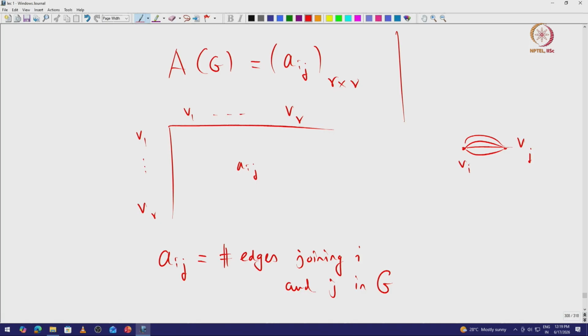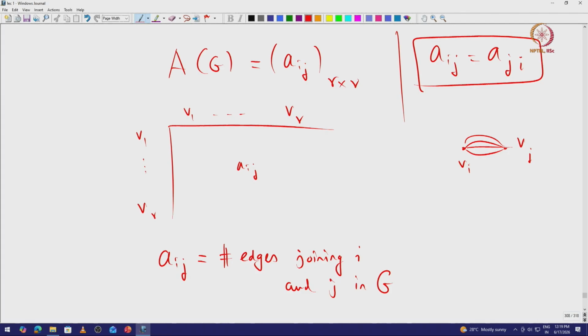Because a ij counts the number of edges joining i and j, it is symmetric in i and j. So a ij must be equal to a ji. In particular, A of G is a symmetric real matrix, indeed consisting of only integer entries. Note that a ij is either 0 or a positive natural number, and it is a symmetric matrix.